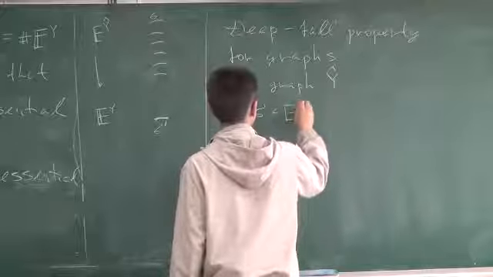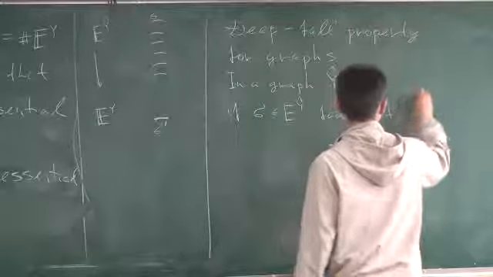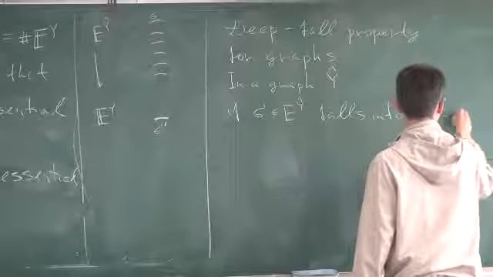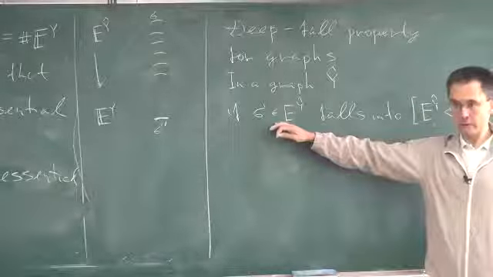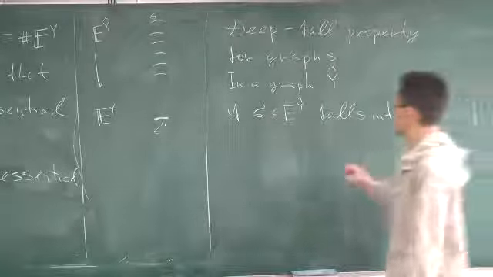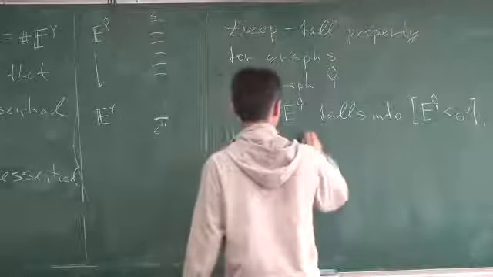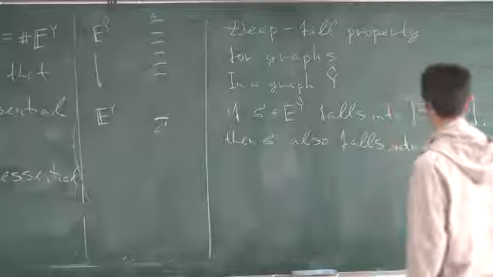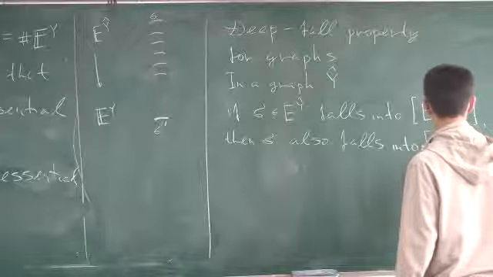So in a graph like this, you take an edge sigma in y hat. If sigma falls into the set of all smaller edges, this is just another way of saying sigma is order essential, then sigma also falls into a smaller set, namely the set of all order inessential edges that are smaller than sigma.